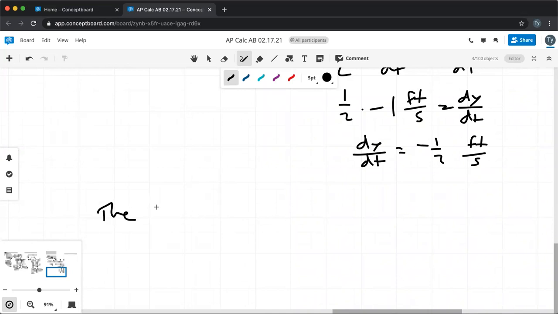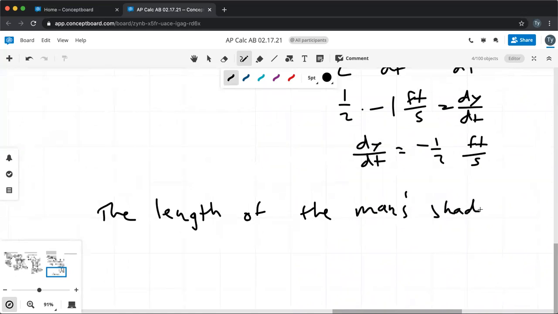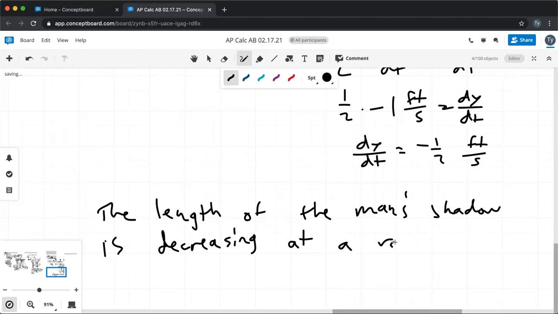So we can say the length of the man's shadow is decreasing at a rate of 1/2 foot per second, again, as the man approaches the light post.